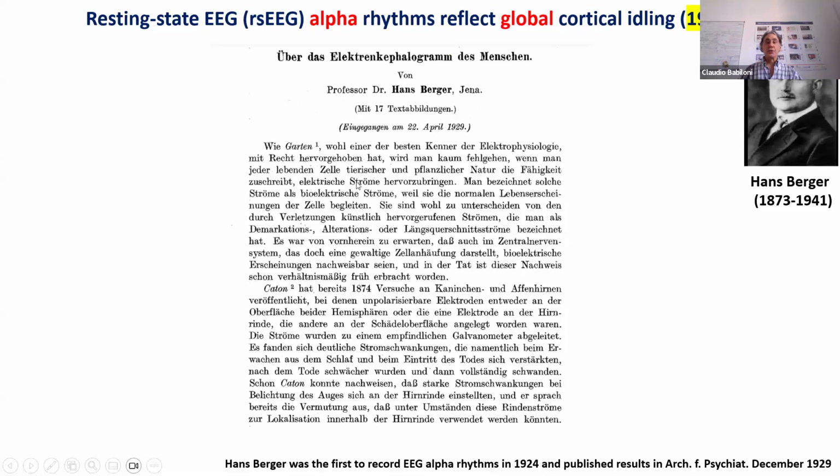This picture shows the cover page of the first publication of Hans Berger in a German psychiatric journal, Archive of Psychiatry.